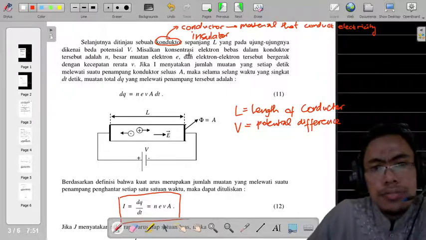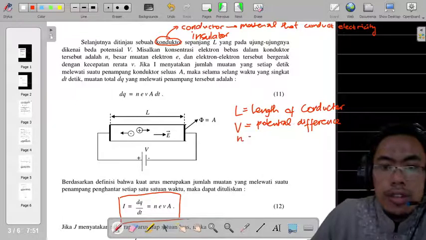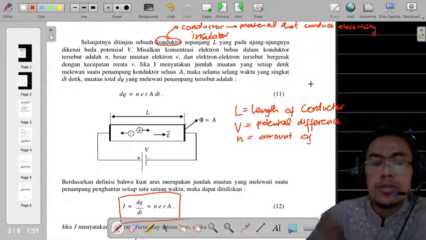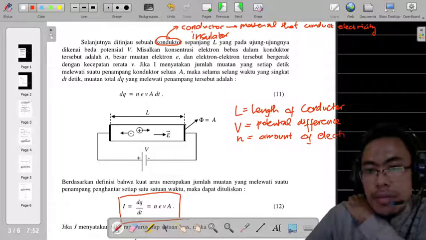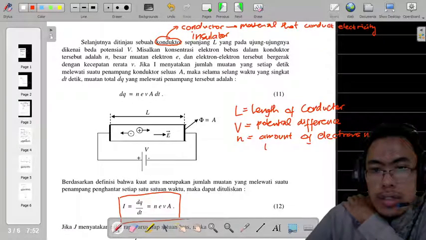And then small n is the amount of electrons that move in the conductor.